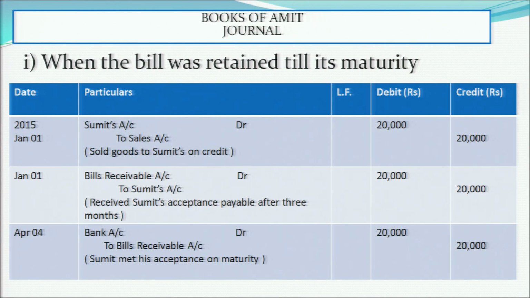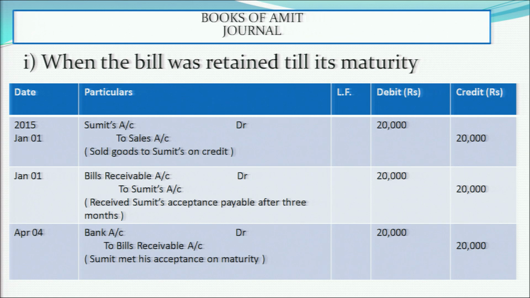The first situation: Amit retained the bill till the date of maturity and collected directly. Okay, so let's understand it. When the bill was retained, all the entries are going to be the same. We are looking into the books of Amit because Amit sold the goods. We are looking into the seller's book. Sumit account debit to sales account because it's a sale, and sales is always credit.